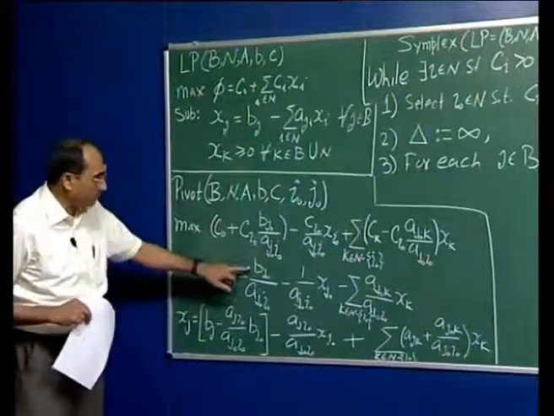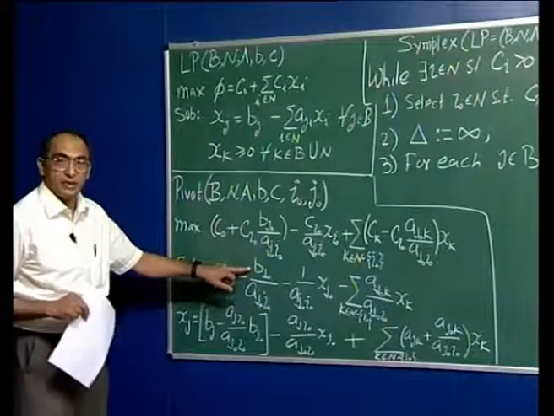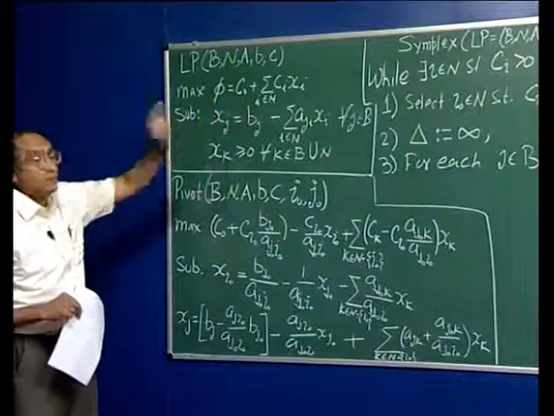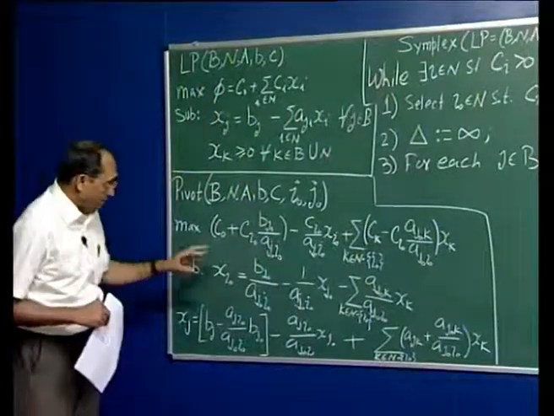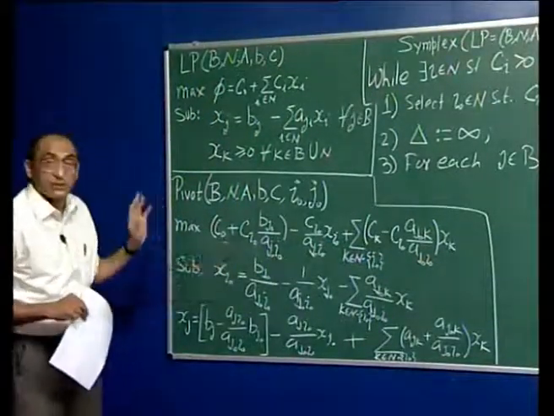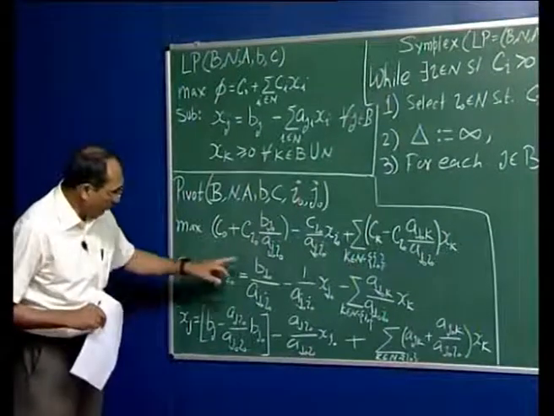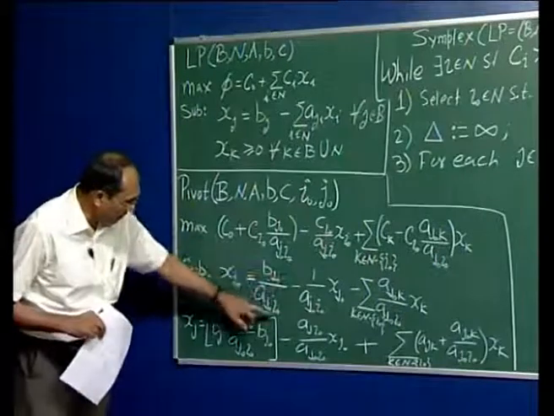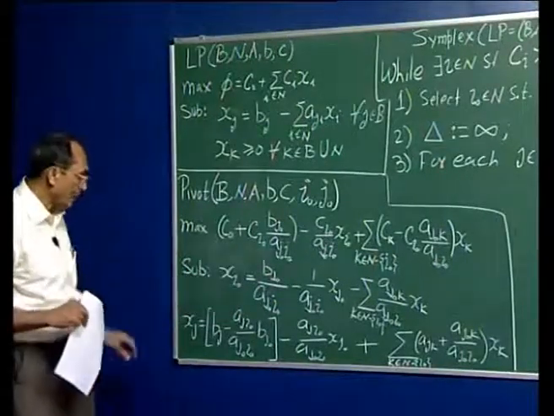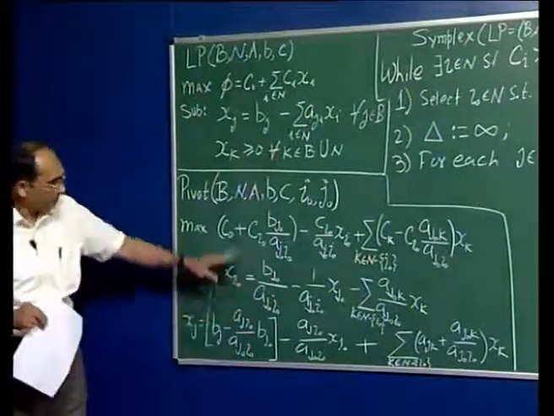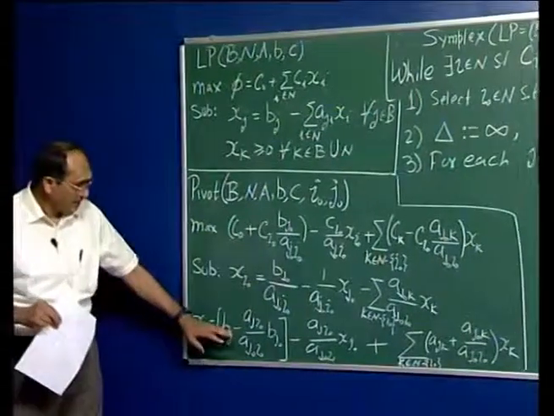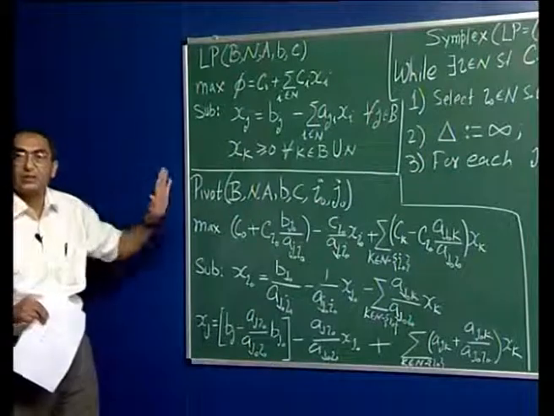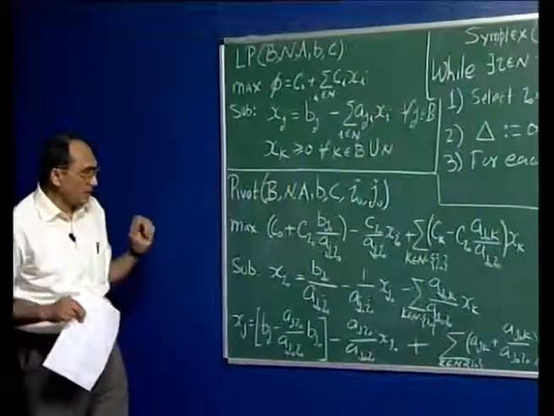Remember that B J naught was, all B J's were non-negative to start with, because we are assuming the input linear program is such that its basic solution is feasible. So all B's, the given B's were non-negative. So this is also non-negative. Hence, the new program that we find has these coefficients non-negative, hence its basic solution is also feasible.